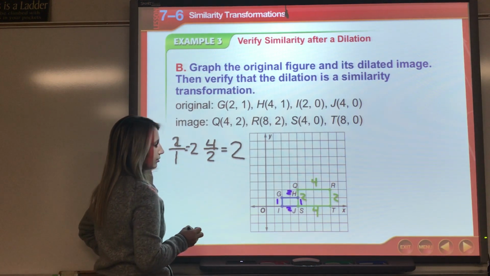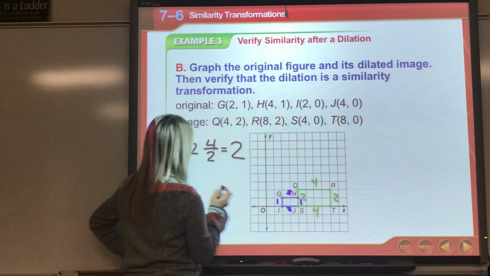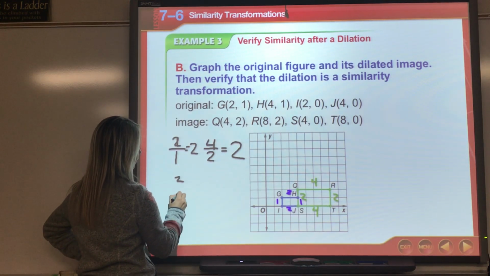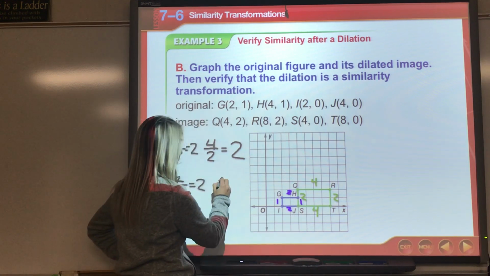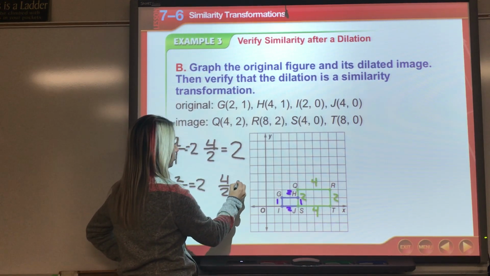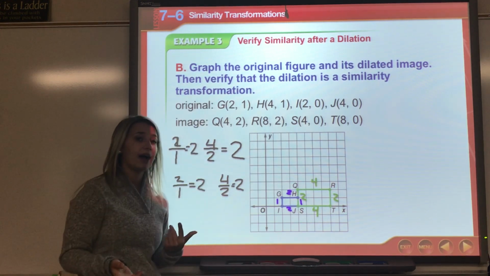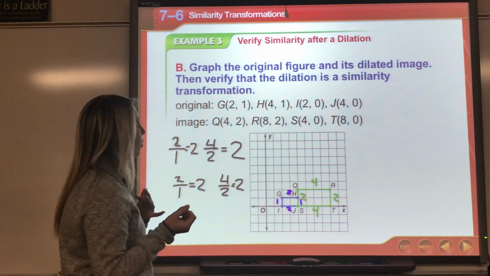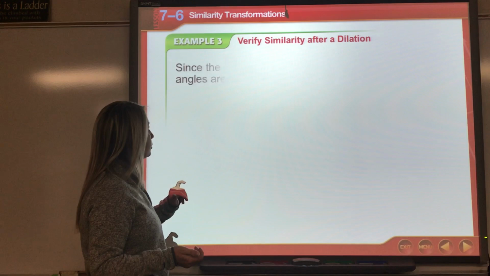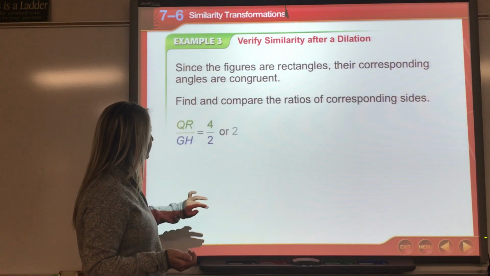This is 2. If we look at the right side, we have 2 over 1, which is 2. And then lastly, the bottom, we have 4 over 2, which is also 2. So the scale factor of all of these corresponding sides is 2, so we can verify that these shapes are congruent.